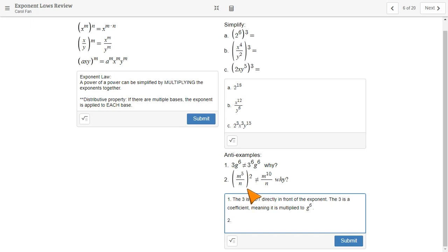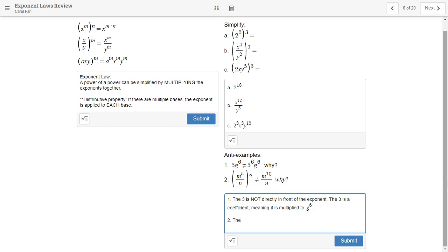Right? Our second example, m to the power of 5 divided by n, all to the power of 2. This is not equal to m to the power of 10 over n. Why is that the case? Well, according to the distributive property, we have to apply the exponent to every base inside our bracket.